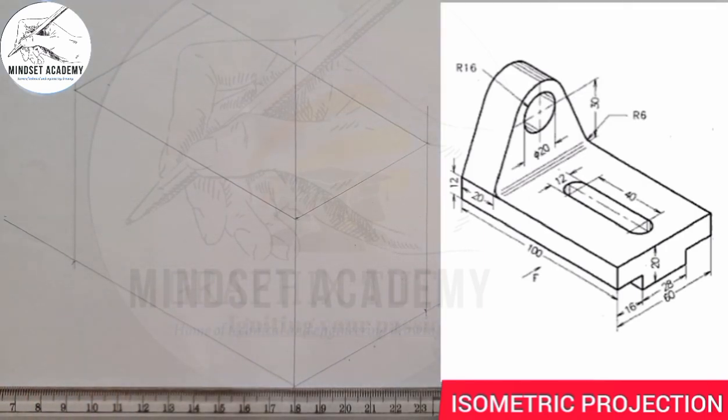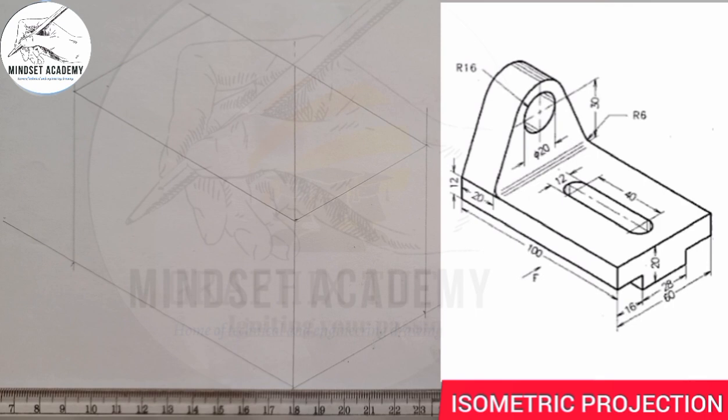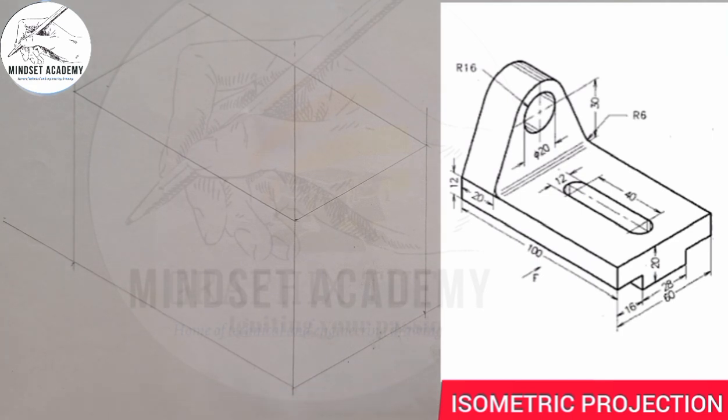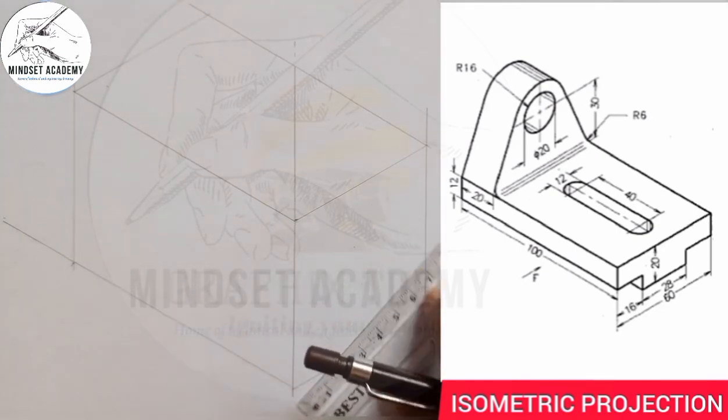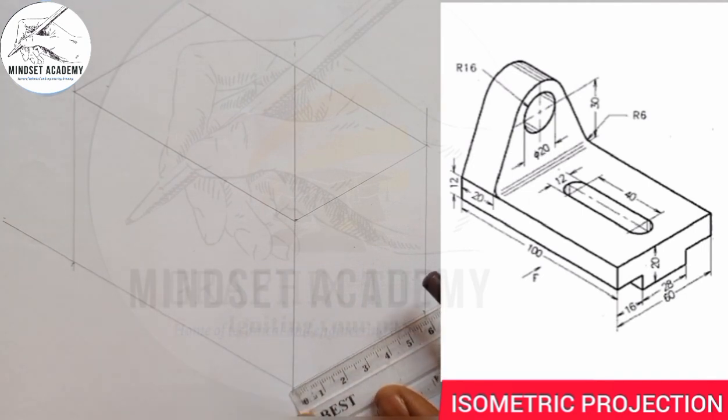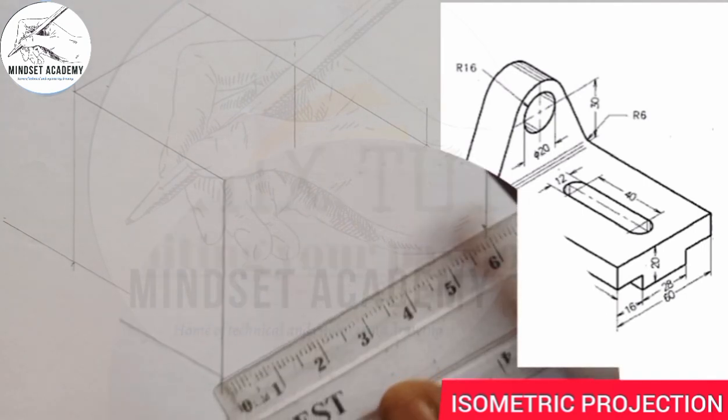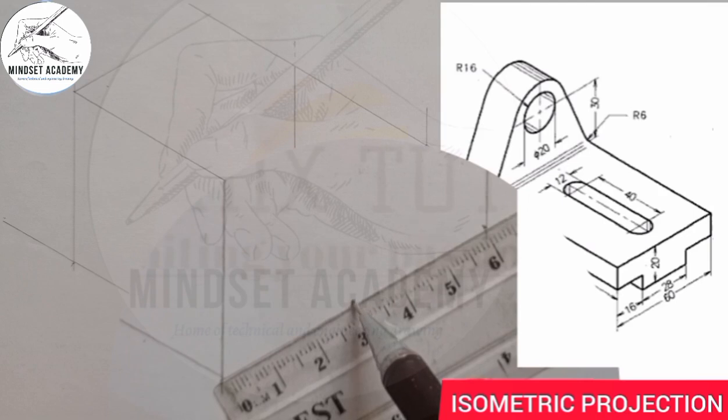Now sometimes you need to understand that when you have a figure this way, like what we have on the right hand side of the screen, and it's having something at the center like this design here, what you have to do is to get the center of that figure. You start from there. So if I get the center of this figure here, since it is 60, the center will be at a distance of 30.